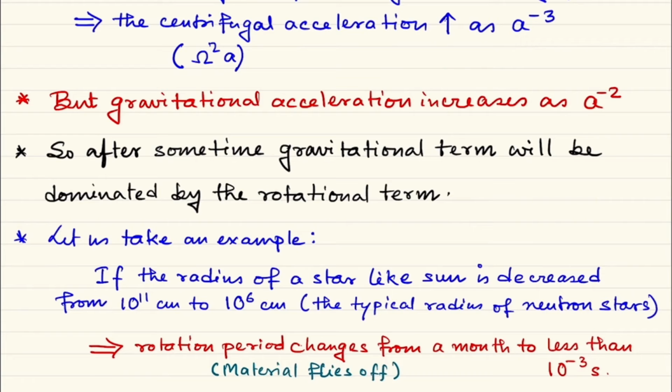And if that happens, the centrifugal force is so strong with respect to the gravity force that some matter cannot be bound by the gravitational force and some part of the material of the star flies off under the influence of centrifugal acceleration.